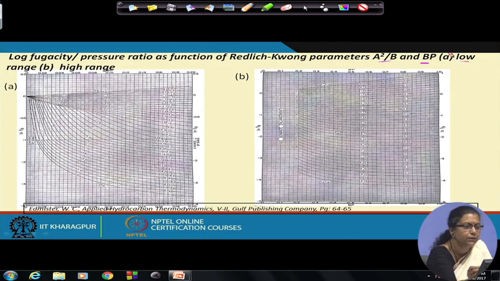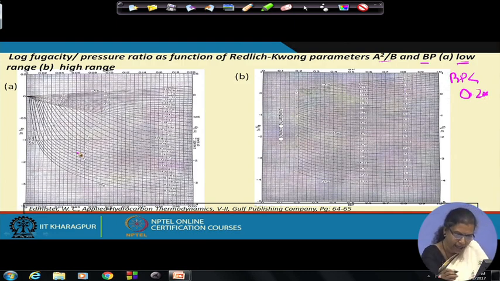One is the low range of Bp, for which in this graph we have shown the fugacities of both the liquid and the vapor, and this is for the high range of Bp, under which condition we have shown only the vapor phase. The low range is applicable for Bp less than 0.20, and this graph is primarily for coexisting vapor and liquid regions, and this is for higher values.